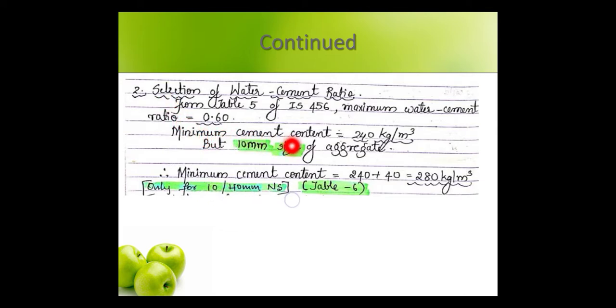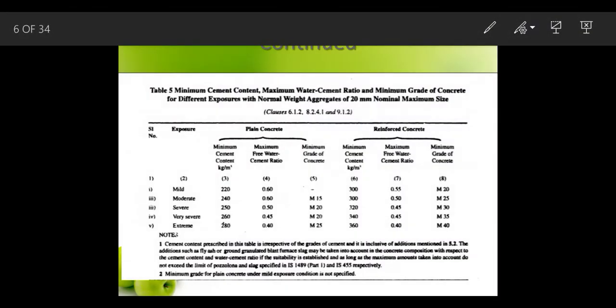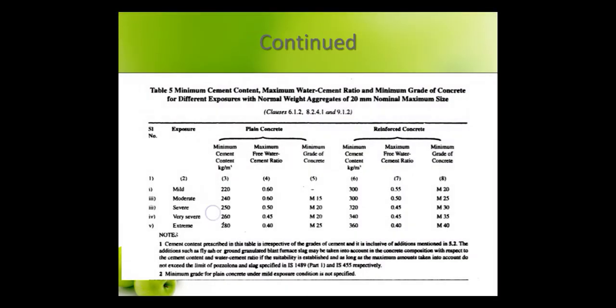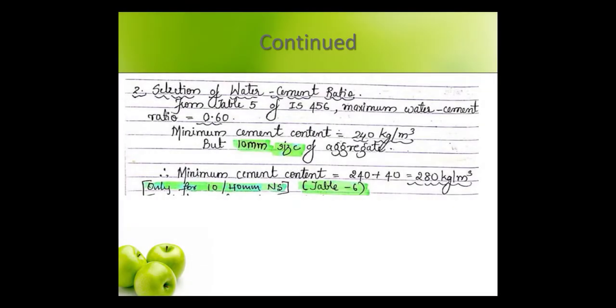The minimum cement content, as I said, you also have in the table. The minimum cement content for moderate condition is 240. That 240 you need to consider here, but this is for 10 mm size of aggregate.